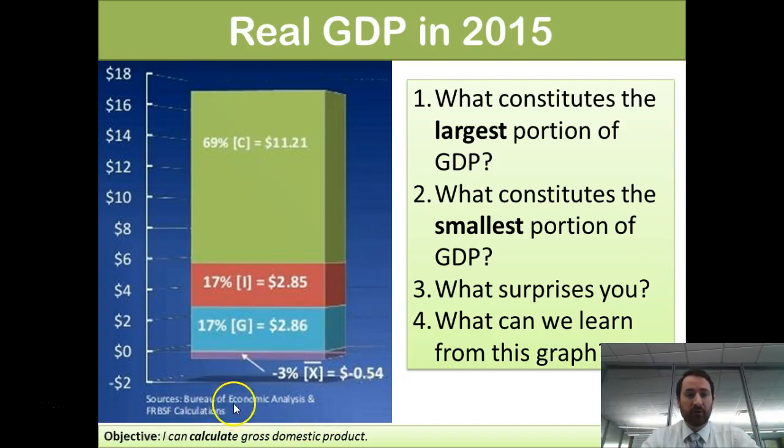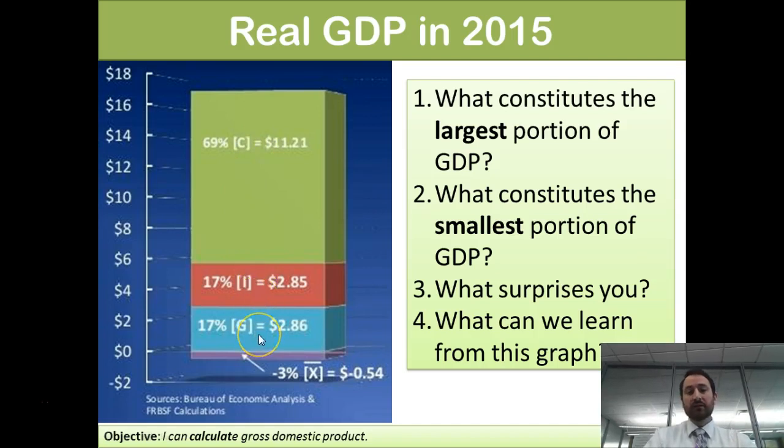Notice where this came from, the Bureau of Economic Analysis from the Federal Reserve Bank in San Francisco. Our Federal Reserve Bank oftentimes does a lot of analysis with all of this economic data that they get. And what can we learn from this graph? I mean, maybe you want to think about what would happen if consumers did not spend as much money. If the economy was not doing very well, would people be as likely to spend money? And so our consumption might go down, or business investment might go down.